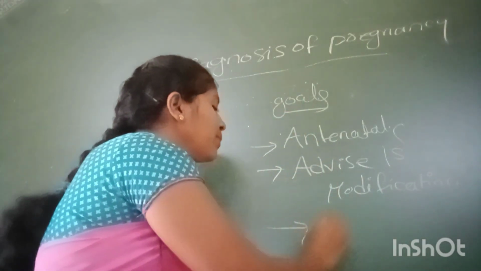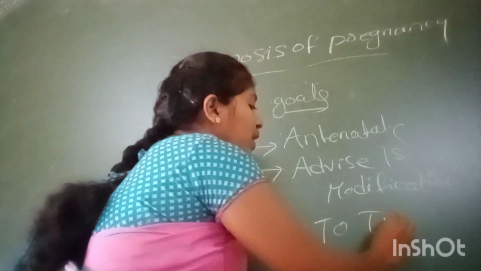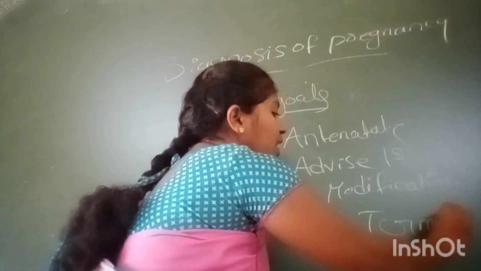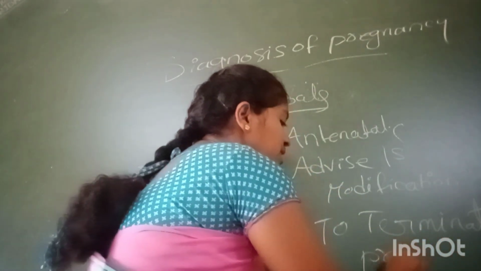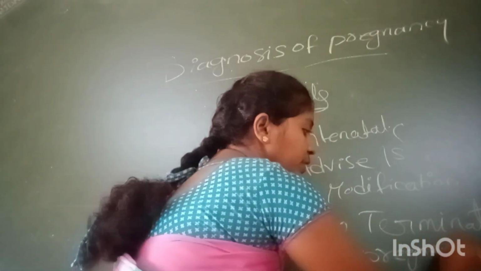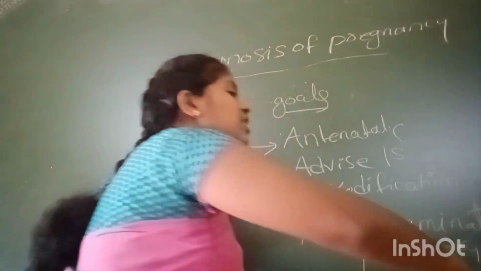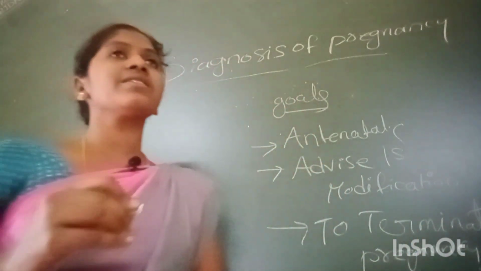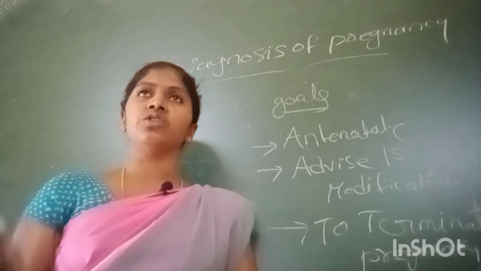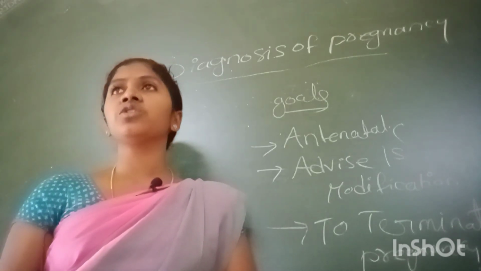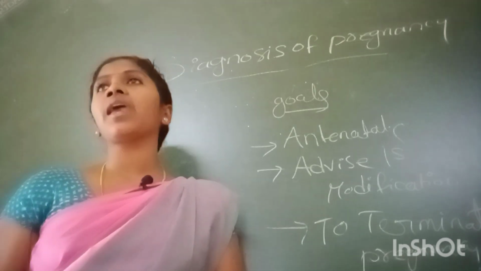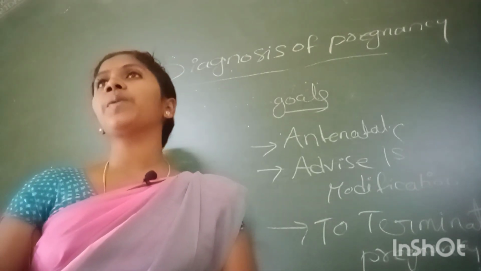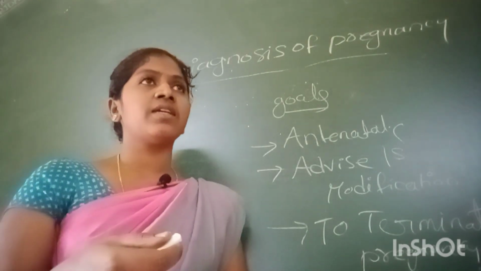And to terminate the pregnancy. What do you mean by terminate? To discontinue the pregnancy. Why do we want to discontinue the pregnancy? In case of Down syndrome or congenital malformations, we can terminate the pregnancy in the early stage.